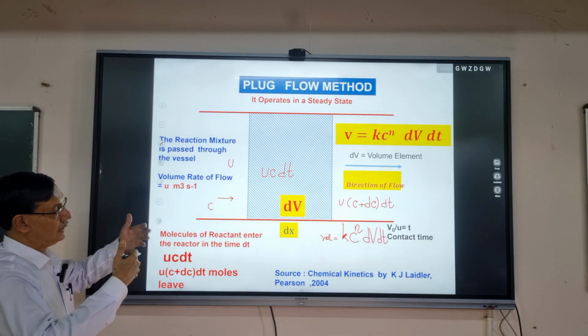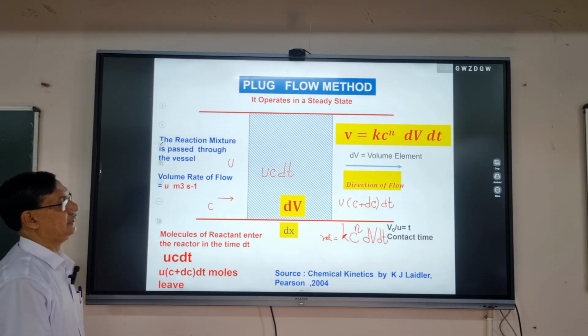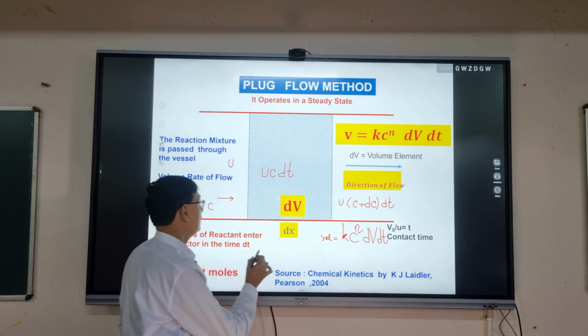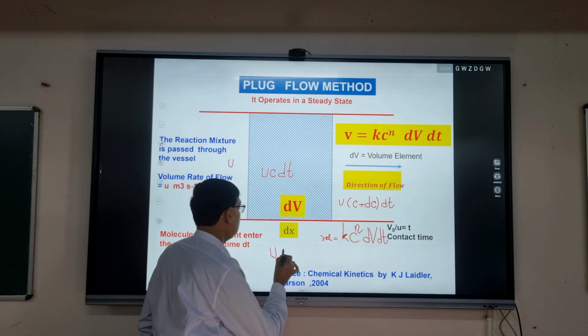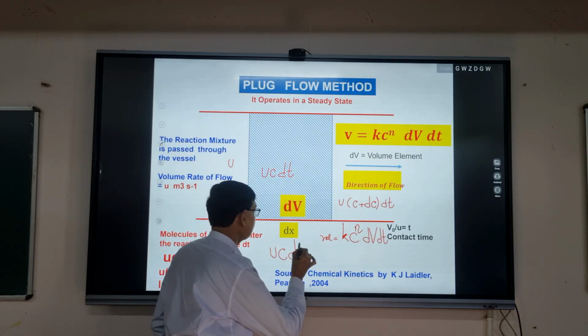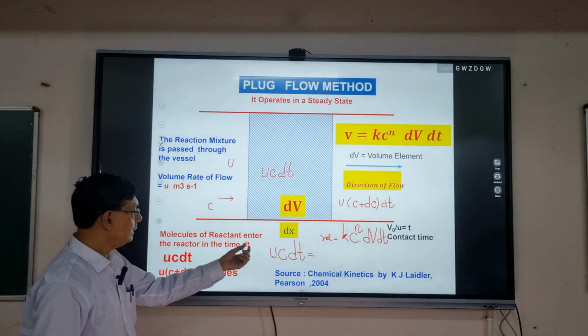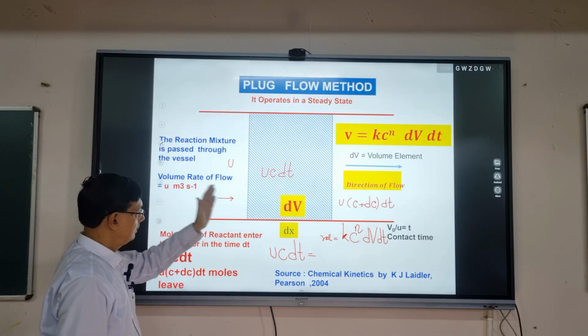And when the system reaches a steady state, what should I write? I should write u c dt, the amount before this volume element.